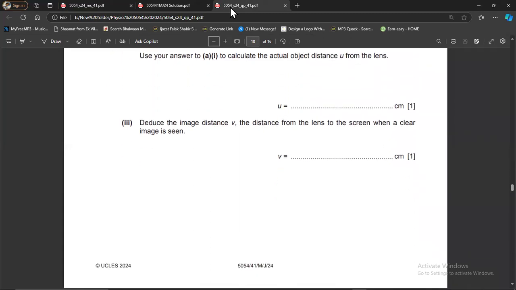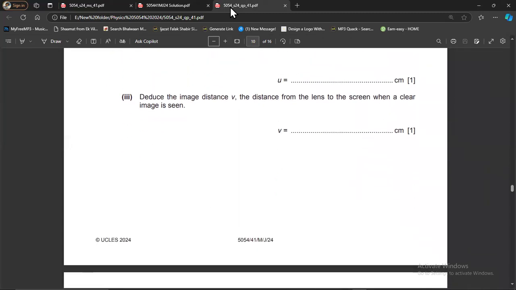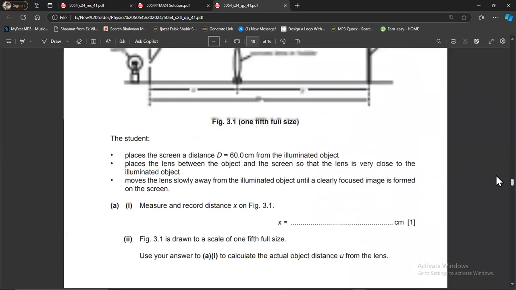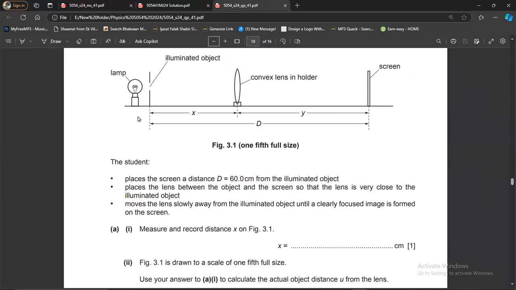Then the third part is deduce the image distance v, the distance from the lens to the screen when a clear image is seen. You see, the distance between the object and the screen was 60 centimeter, and this x is 24 centimeter.